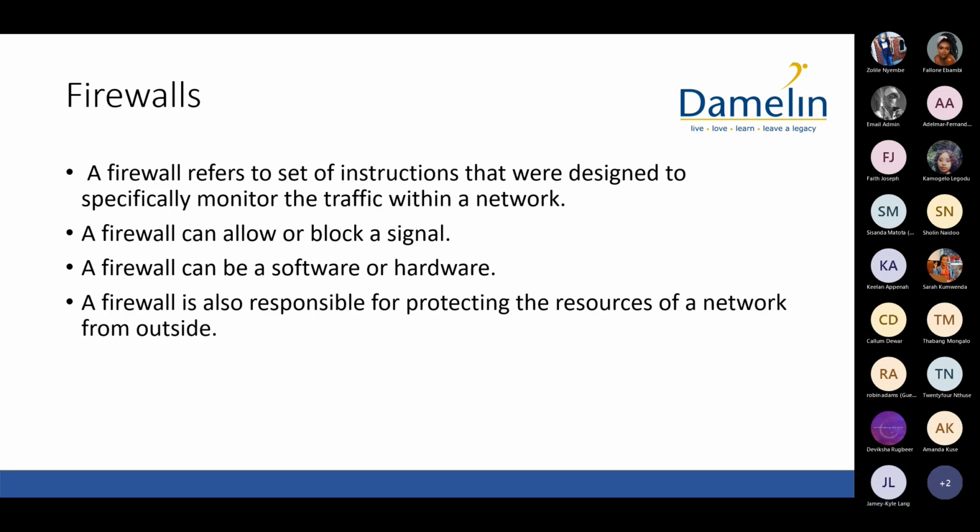So firewalls, what are firewalls? A firewall could also be hardware and software based, just like the intrusion detection system. And the firewall is used to sniff traffic, monitor traffic. And you can use the firewall to set inbound and outbound rules to say, this is the traffic that can come into the network. This is the traffic that can go out of the network.